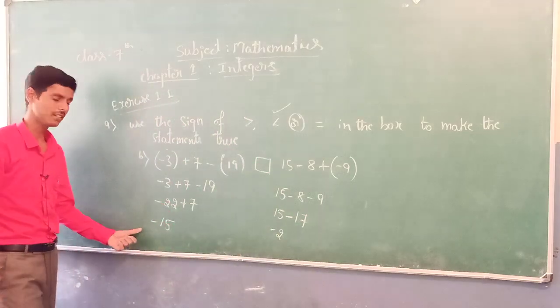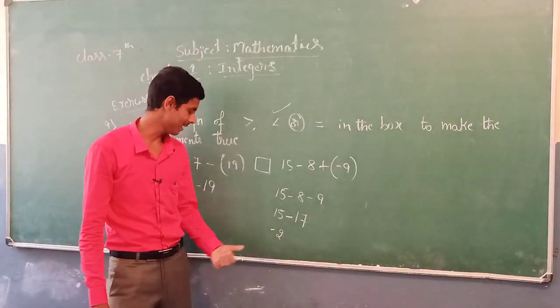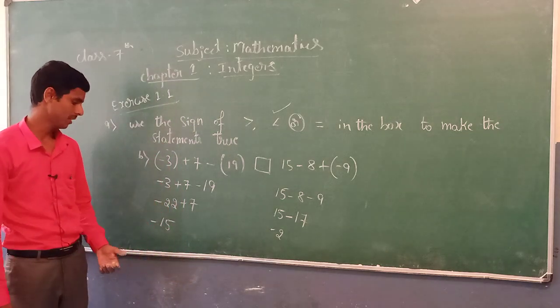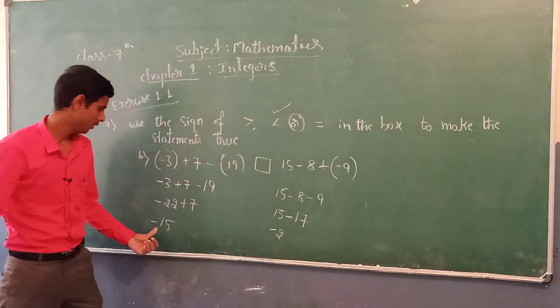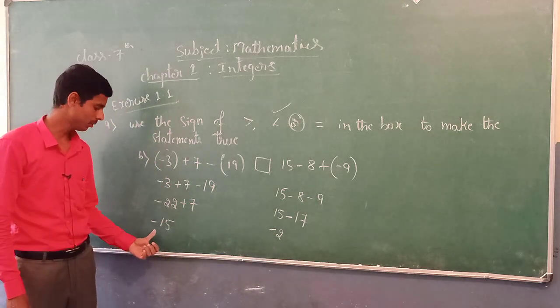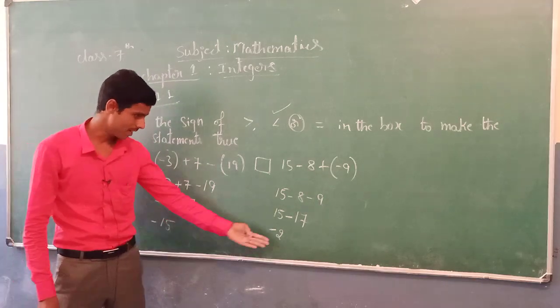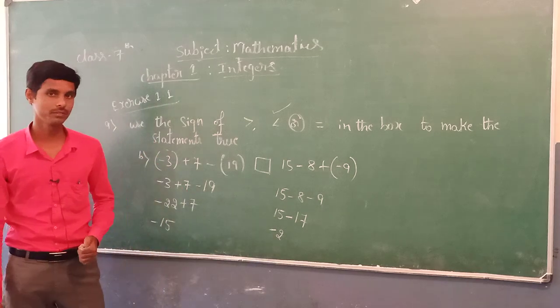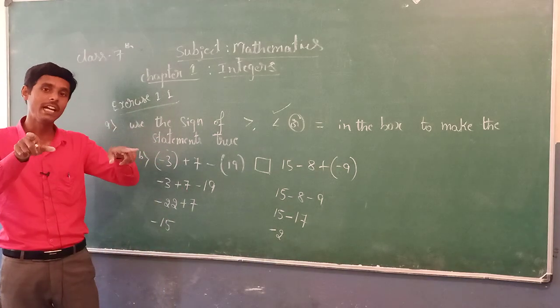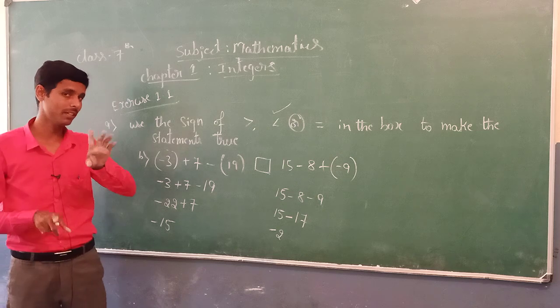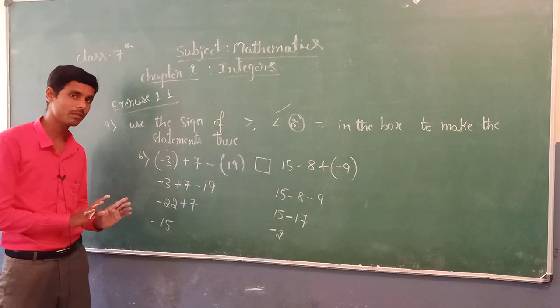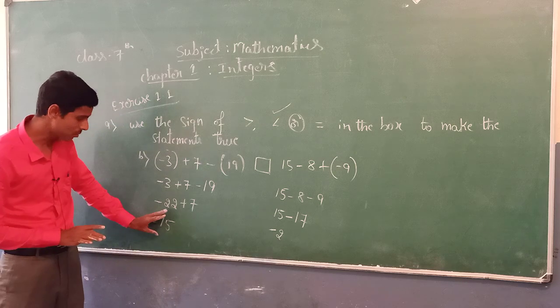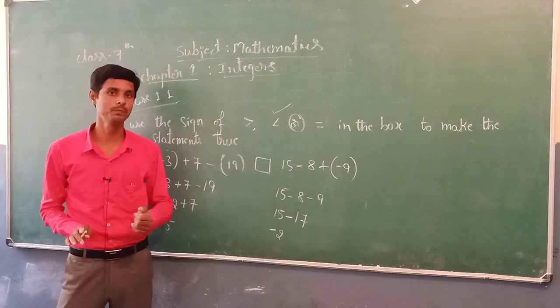So again we get that both integers are negative. Minus 15, we already know, is less than minus 2. When we compare negative integers, minus 15 looks like a greater number, but it is not. Since it has a minus sign, it is smaller when compared to minus 2.